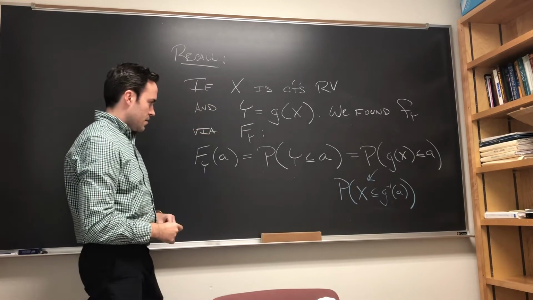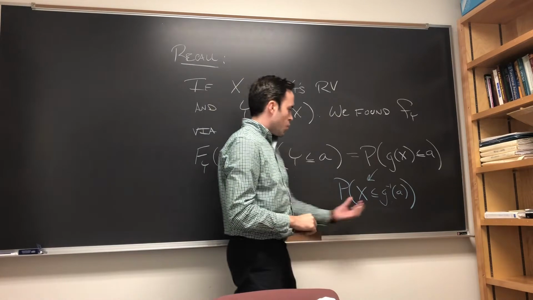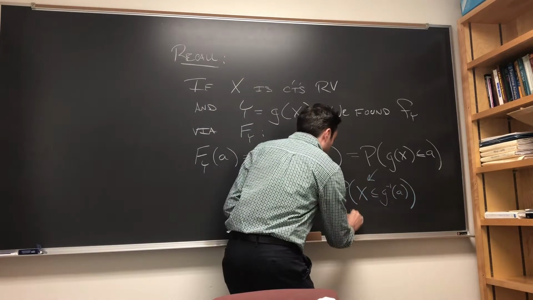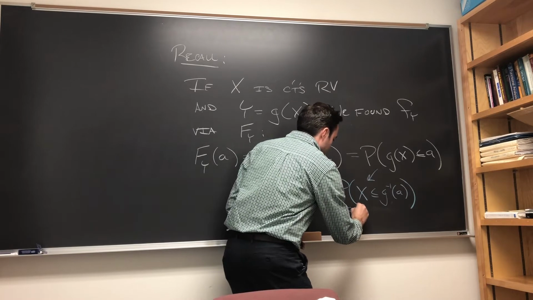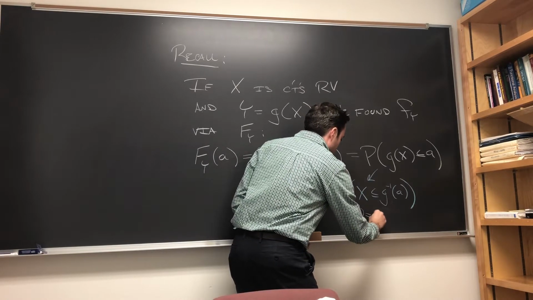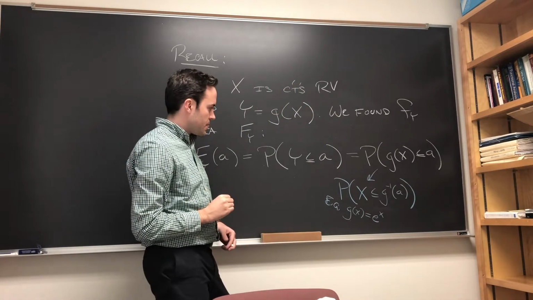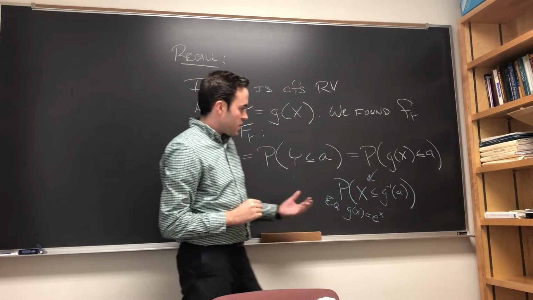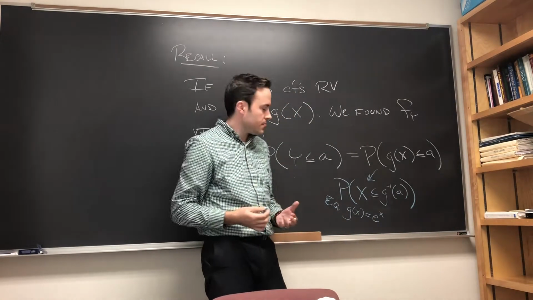The classic example that we used here, where the inequality was preserved, was when g of x was something like e to the x, the exponential function. Its inverse preserves this inequality because it's an increasing function.